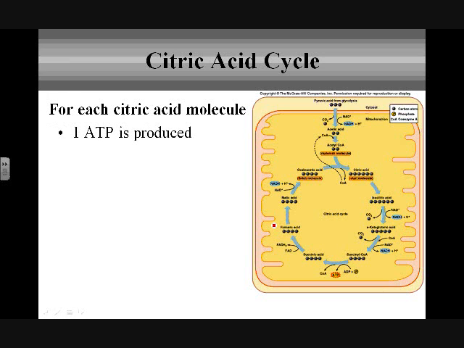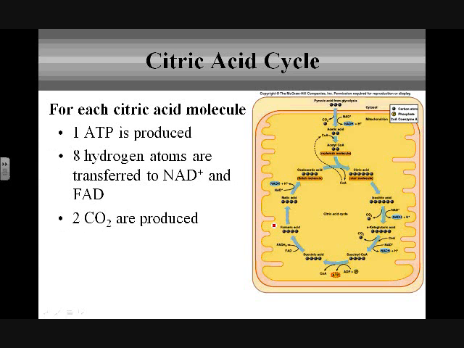So what happens, here's this kind of a close-up of that citric acid cycle. What actually happens is that, as we started to see, we've got the pyruvic acid from glycolysis. One of the carbons leaves as a carbon dioxide molecule.